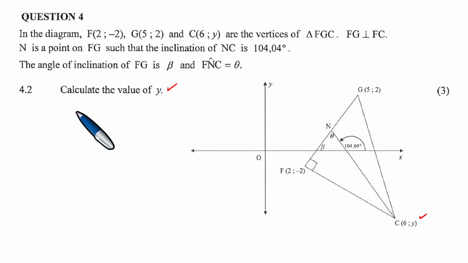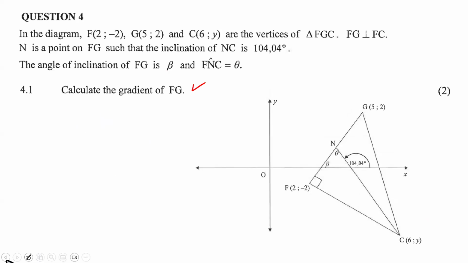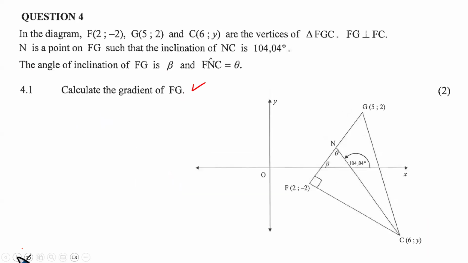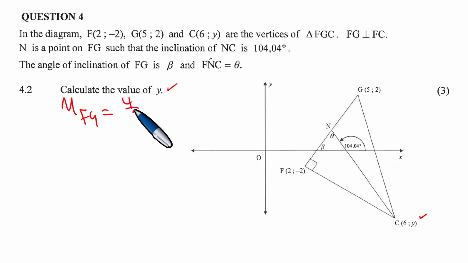So the gradient of FG, we've already got that one in the previous question. The gradient of FG is 4/3. So we carry it forward. This has been obtained in 4.1.